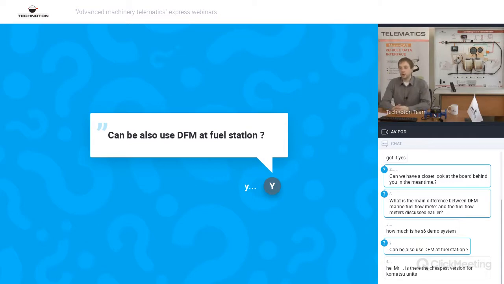Another question: can DFM also be used at a fuel station? Yes, it can be. Usually DFM Marine and DFM Industrial is installed on the dispensing nozzle.